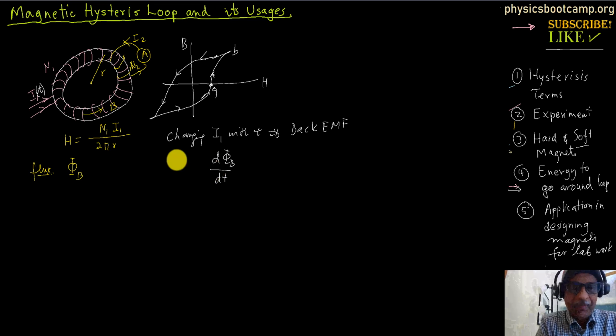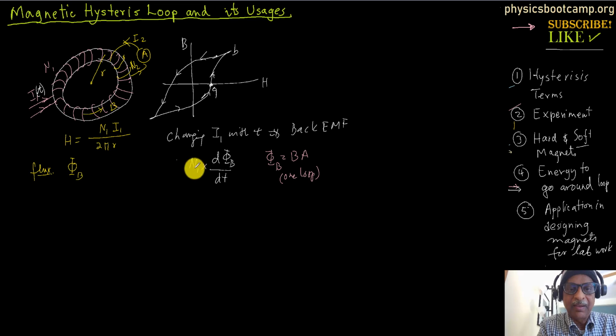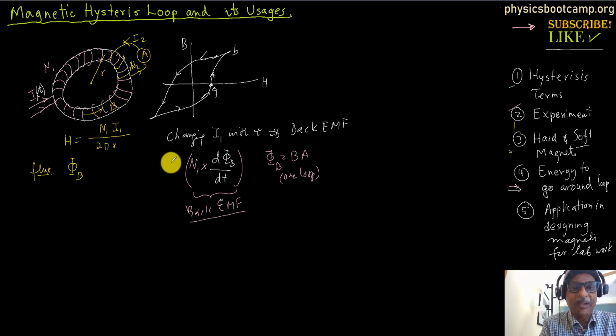And you have a current I1 and N1 loops, so phi B is phi B per loop. Phi B is B times A, just one loop. Then I need to multiply by N1, since there are N1 loops. So this is the back EMF, and then the current is I1.